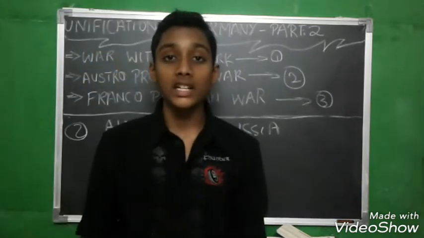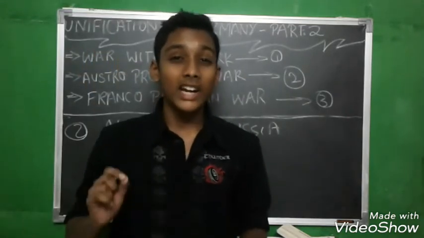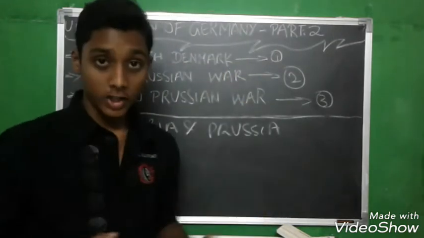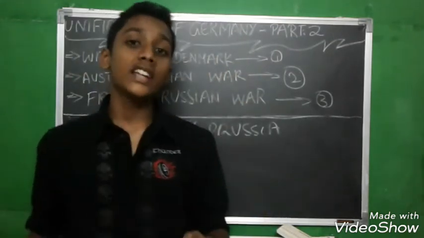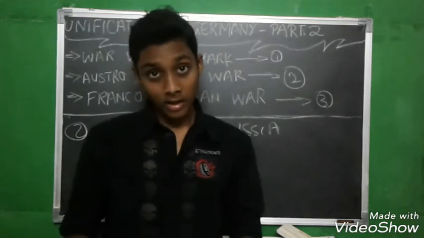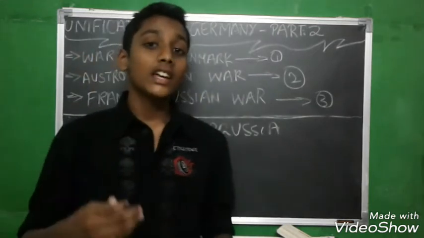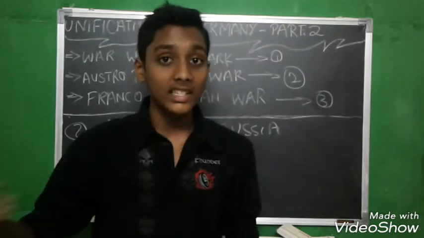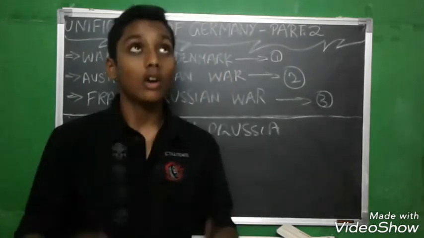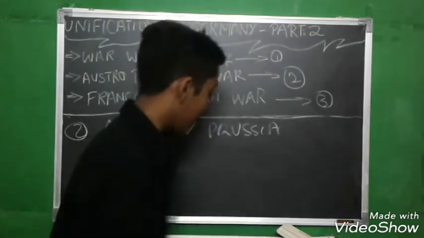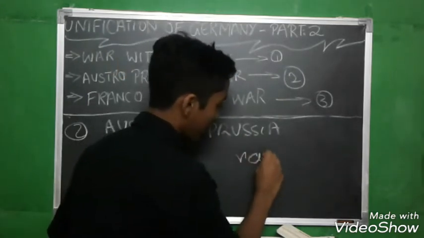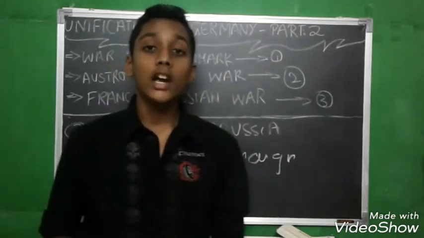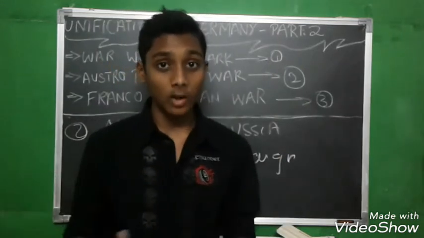Neutrality in this case means that France would not get involved in the war between Austria and Prussia. In return, Bismarck offered to increase the reign of France, giving more support to France.